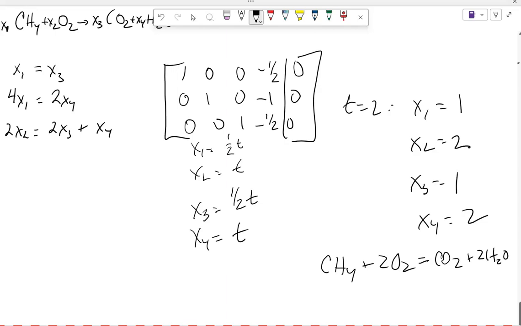Oh, I see it. That should be -1. That one right there should be -1. That's why you're getting that.